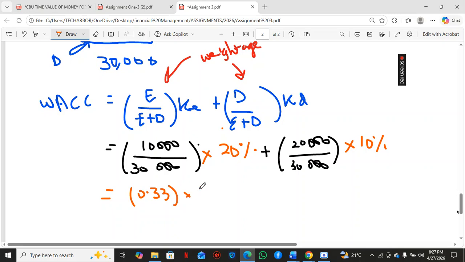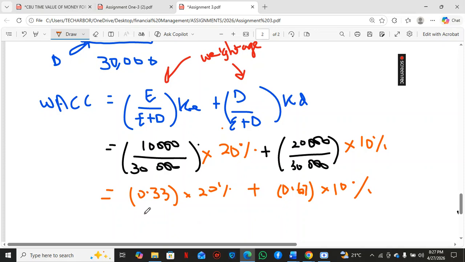So 0.33 multiplied by 20%, plus for debt, 20,000 divided by 30,000, 0.67. So 67% of your financing is from debt.